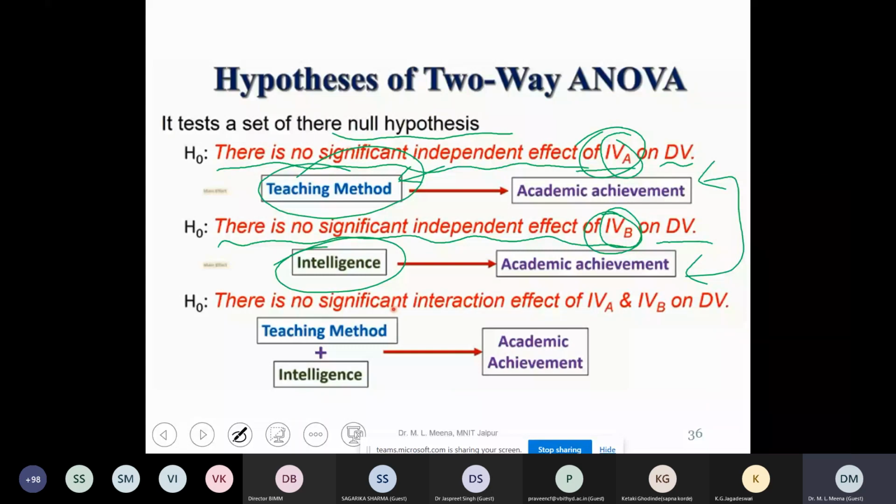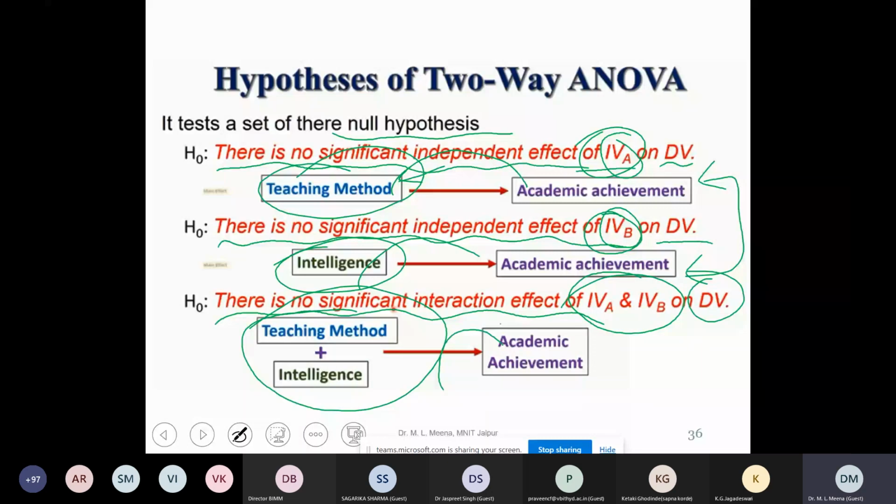Third, there is no significant interaction effect of these two factors on academic results and achievements of students.